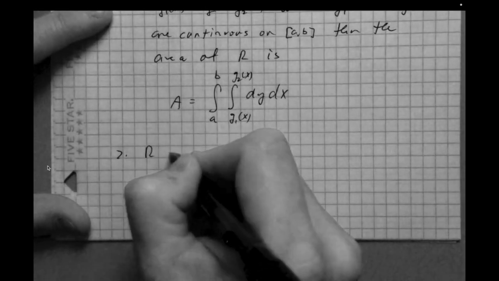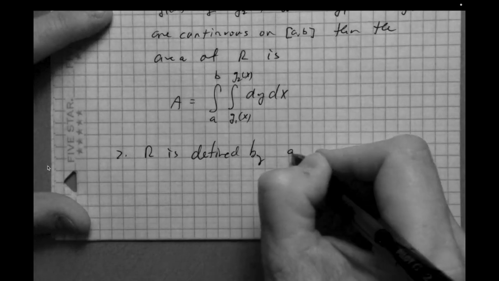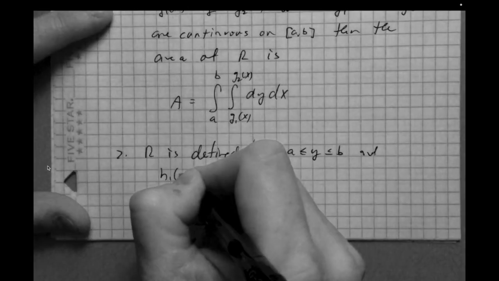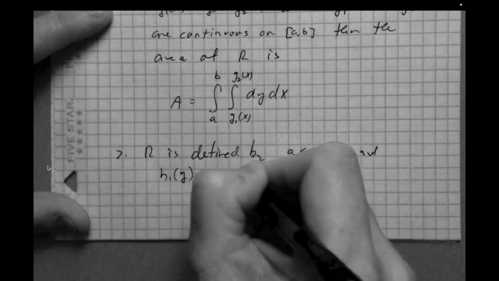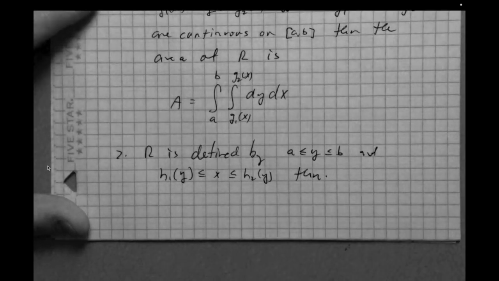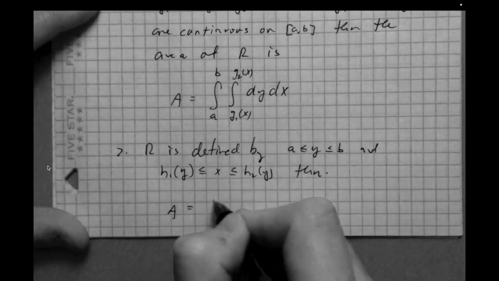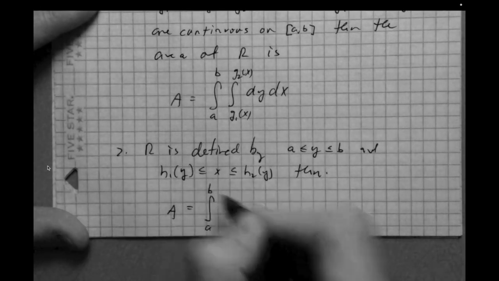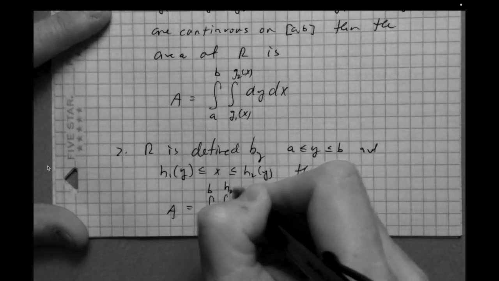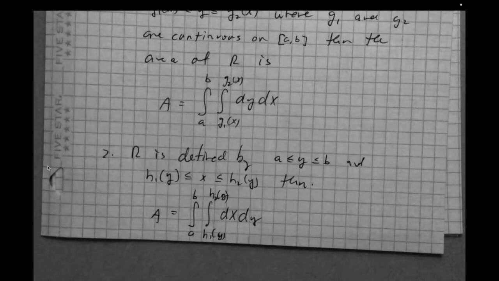So here R is defined by a less than or equal to y less than or equal to b, and h1 of y is less than or equal to x less than or equal to h2 of y. Again, these have to be continuous on [a, b], but then the area would just be the reverse. So you go from a up to b, and then from h1 of y to h2 of y, dx dy.